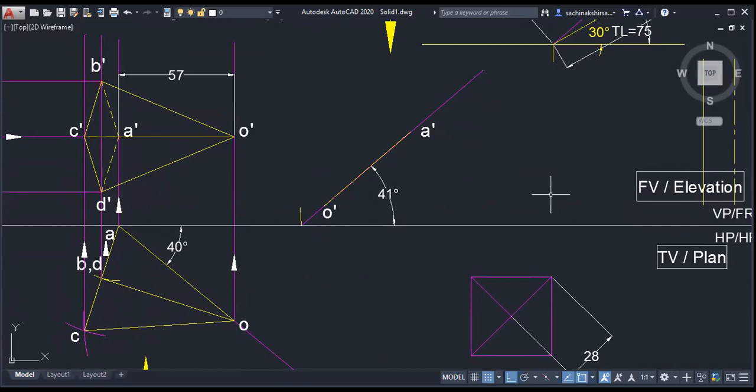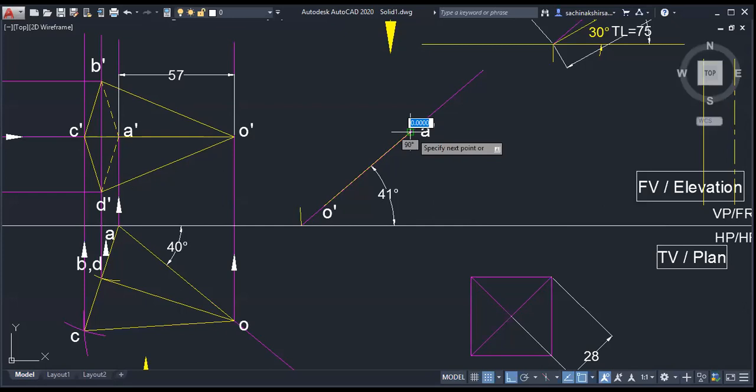Similarly, you can mark C dash also. What is the length A dash C dash? How much is it? If you want, you can mark that also. 19. It is coming 17, no? 19, 18.